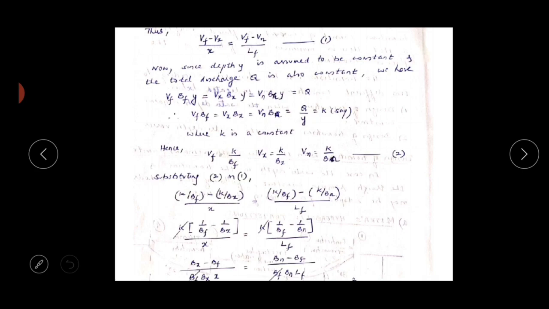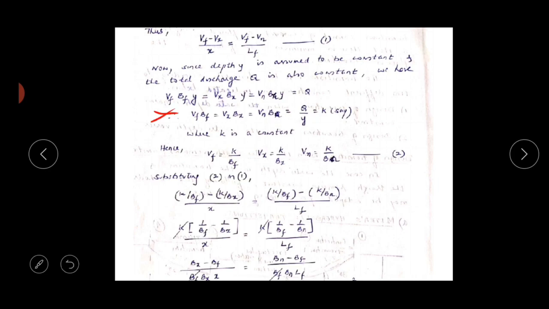So the total discharge Q is also constant, because if the depth is constant, definitely the area will be constant, and velocity is going to vary, but the discharge will remain the same because of the depth, okay.